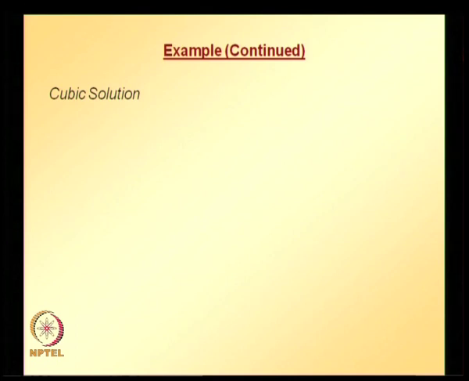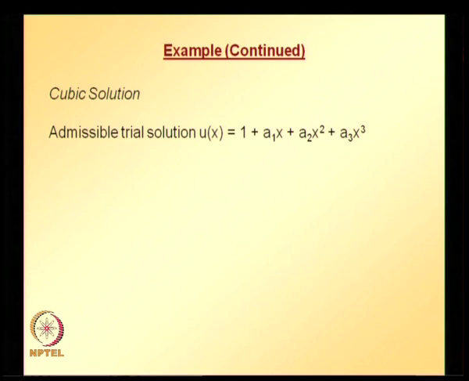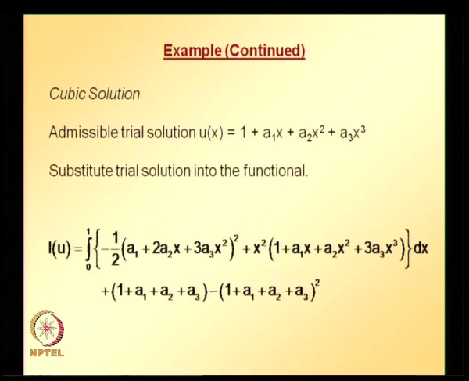So now let us solve the same problem using a cubic trial solution. The cubic trial solution is a0 plus a1x plus a2x square plus a3x cube, and substituting the essential boundary condition into it, you get the admissible trial solution, which is 1 plus a1x plus a2x square plus a3x cube. Okay. Now you substitute this admissible trial solution into the equivalent functional.